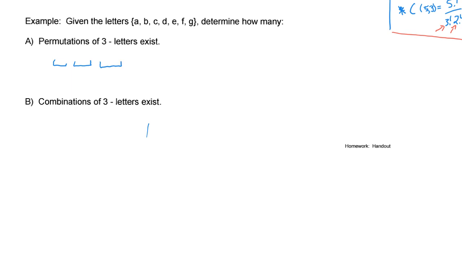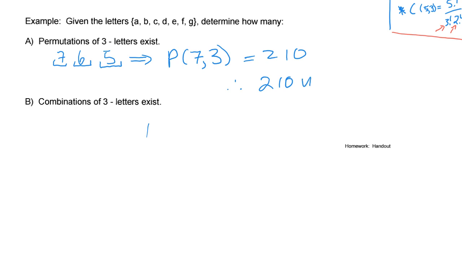Count the number of elements. There are 7, so 7, then 6, then 5 possible choices, which is the same as P of 7, pick 3. That gives us 210. Therefore, there are 210 ways.